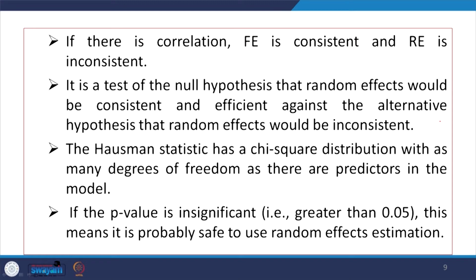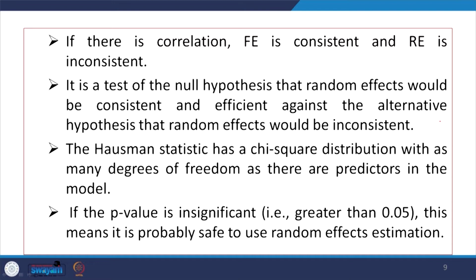It is a test of the null hypothesis that random effects would be consistent and efficient, against the alternative hypothesis that random effects would be inconsistent. The Hausman test has a chi-square distribution with as many degrees of freedom as there are predictors in the model. If the p value is insignificant, the assumption is not rejected.